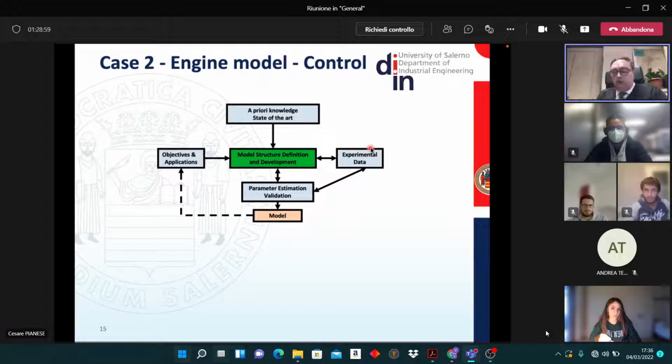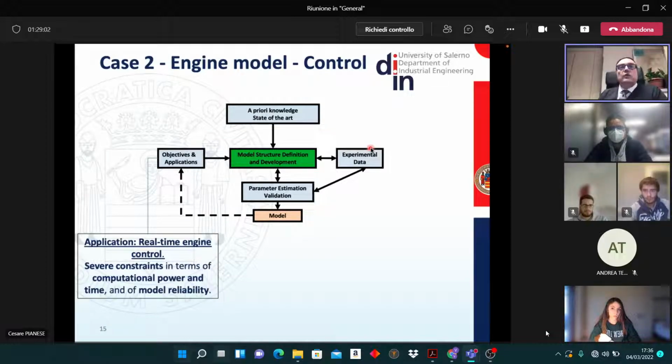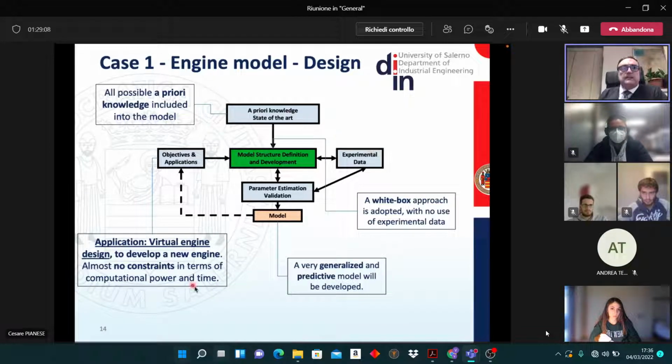Whereas if we move to control, first of all we need real-time engine control, because in the case we had before, for this application, we don't have constraints in terms of computational power and time. This means that in order to design a good engine, you may need 1 week, 1 month. In the design process in a company for a really brand new engine, they start with a 3-dimensional Navier-Stokes equation, fully integrated with the combustion chemistry, 1D flow in the ducts and so on.